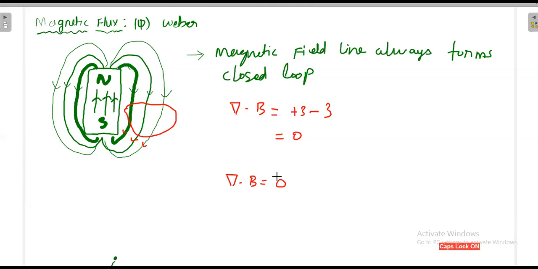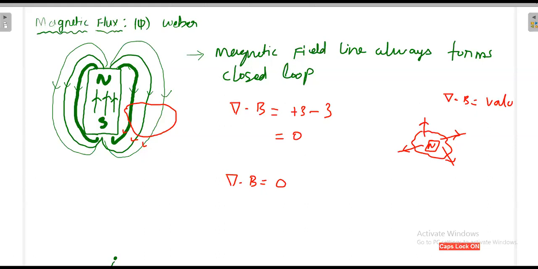Anywhere in space, del dot B is always zero. This is taken for granted. The main reason is that magnetic monopole does not exist. For example, suppose I choose some imaginary surface, and suppose I am able to have only the north pole of the magnet, then there is a possibility that the flux may come outside, and del dot B will have some value.